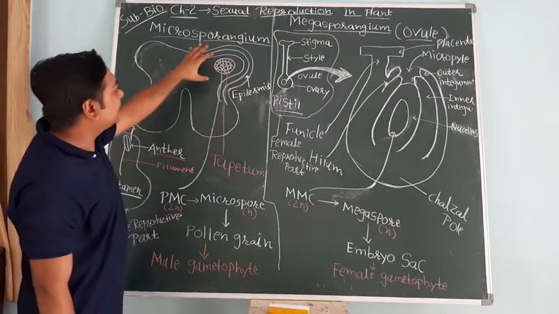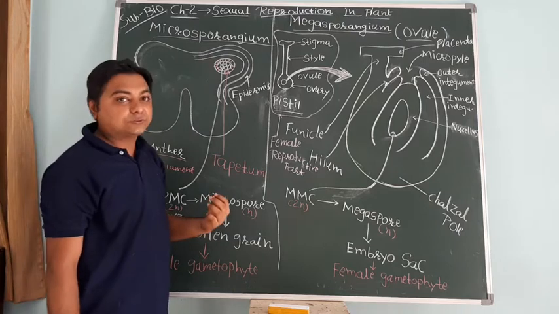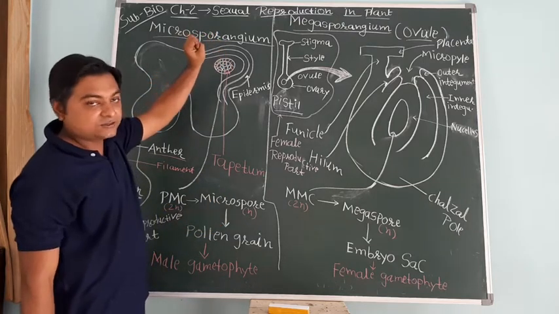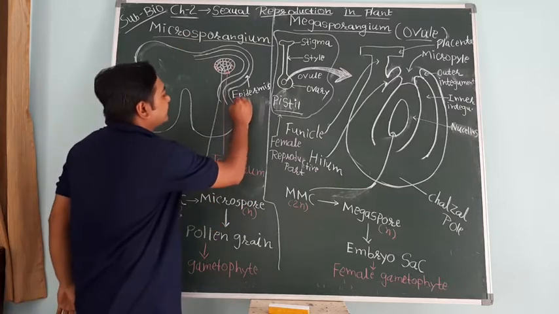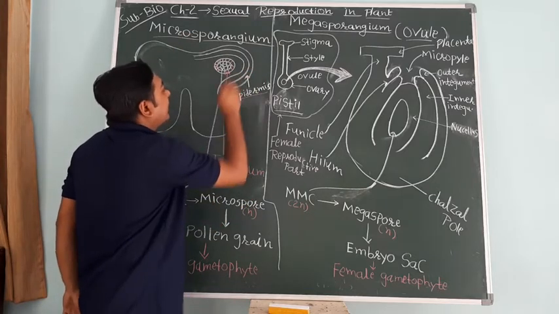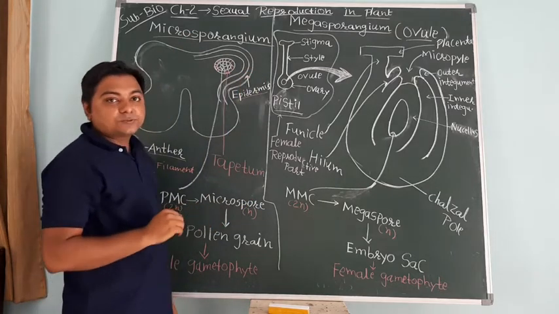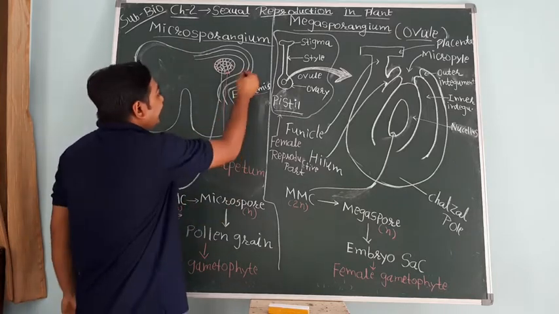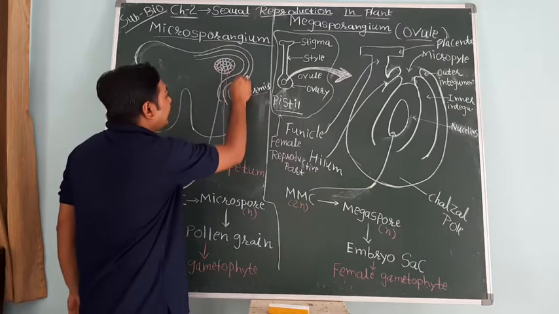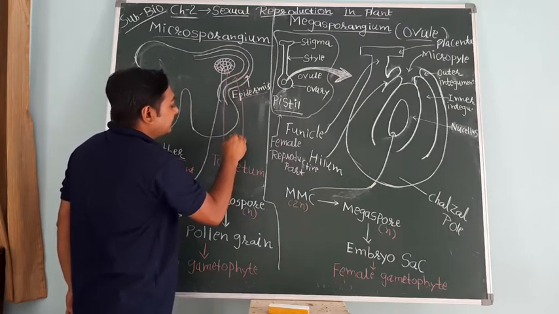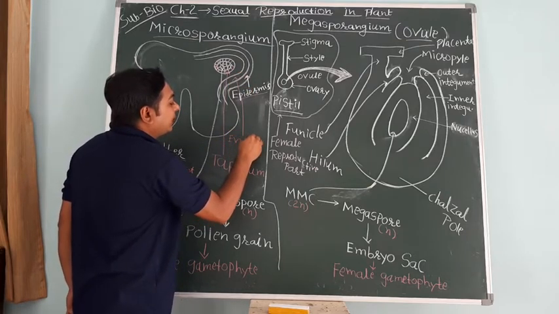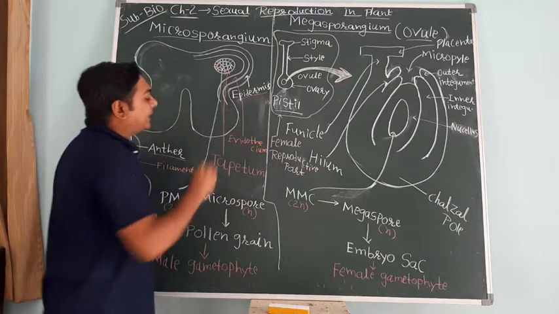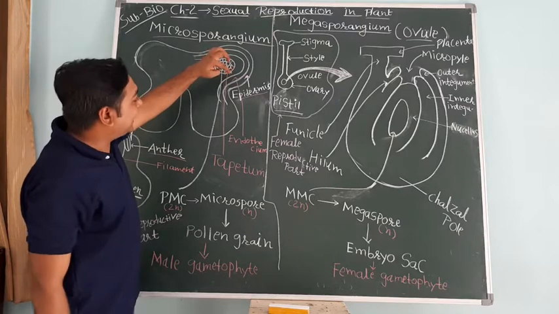So first of all let's learn about the structure of the microsporangium. The microsporangium has multiple layers, four layers in each. The outer layer is called the epidermis, and inside the epidermis is the endothecium, the second layer. Inside the endothecium are the middle layers.